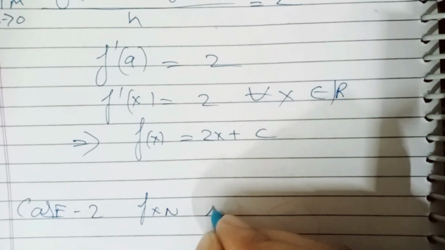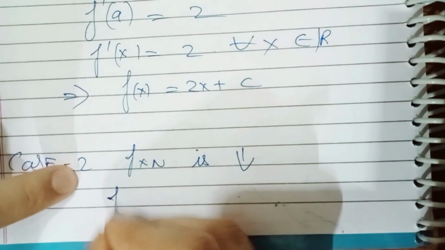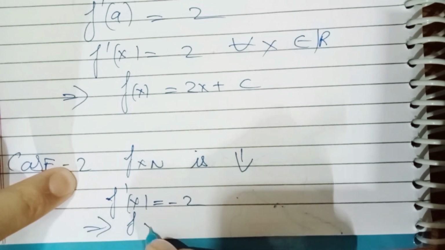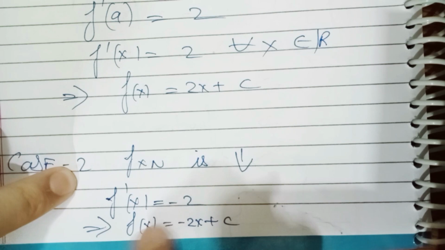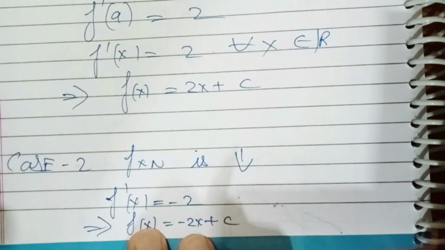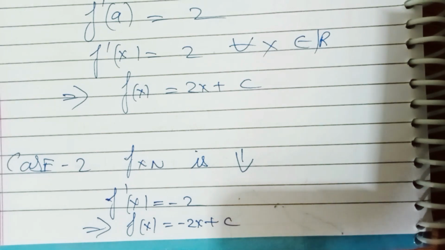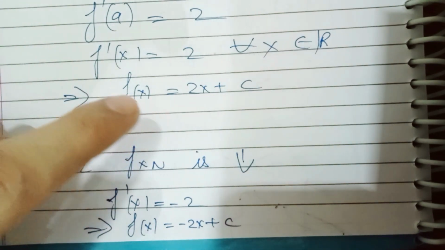From there I will have my function to be minus 2x plus c. This is very straightforward, very similar to case 1, so you can do it yourself. And that's it, the problem is solved. I've been able to show that this is one function and this is the second function. There do not exist any other functions satisfying that equality. So the problem is done.